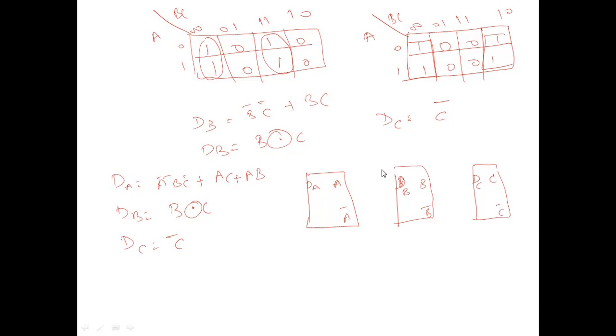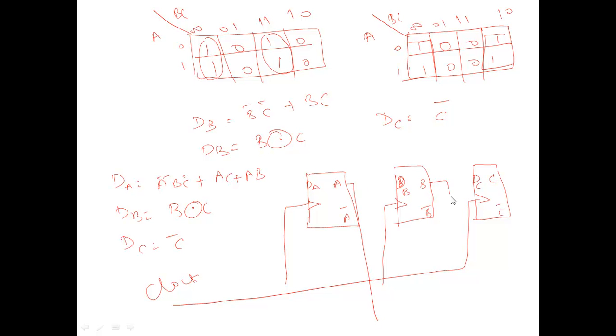First of all, before realizing anything, you have to tie up all the clocks together to a universal clock. Okay, this is the very important thing. Then you get an output A here, output B here, output C here.